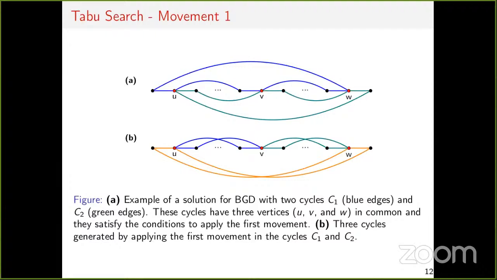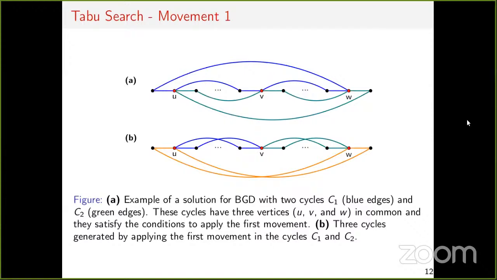So I will now explain how the first movement, the movement that improves the solution, works. For this movement to be applied, it's necessary to have 2 cycles that share at least 3 vertices. In the example, the vertices U, V, and W are shared by this blue cycle and this green cycle.